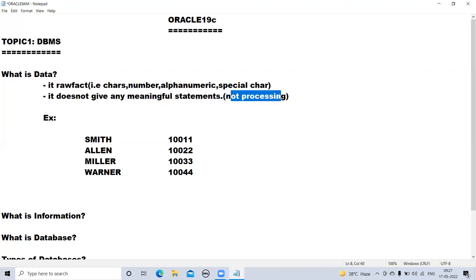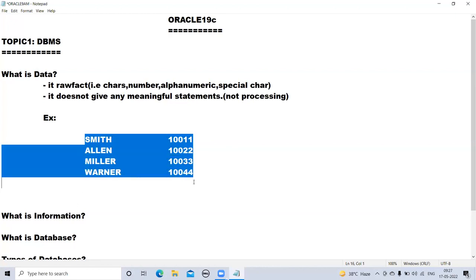Now, what do we want here: meaningful data or non-meaningful data? Which one do you want, guys? You want meaningful data, yes or no? Yes, definitely.